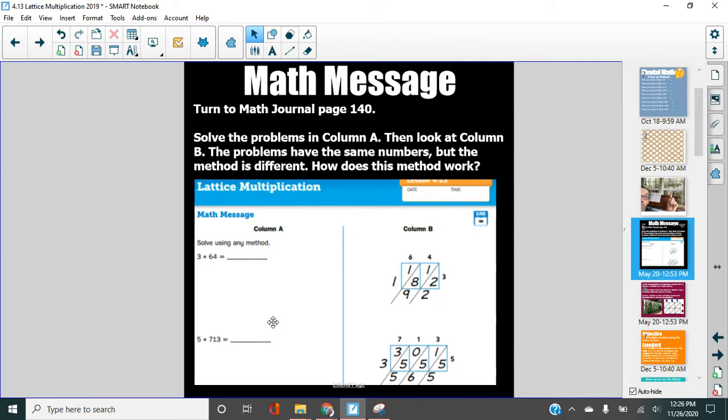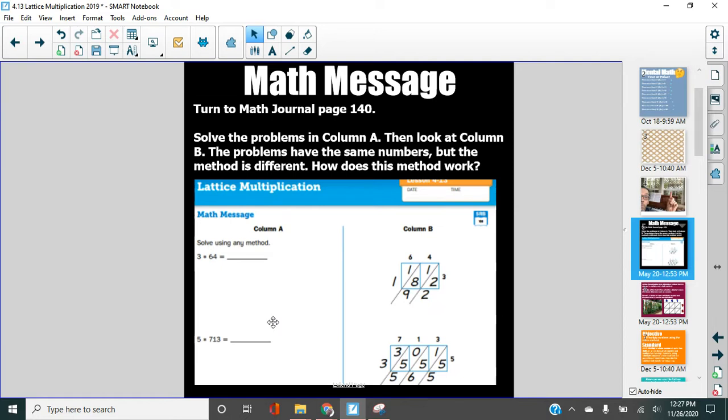All right. Now, what I want you to do is to look at your method in column A and what you see in column B. What are you noticing?